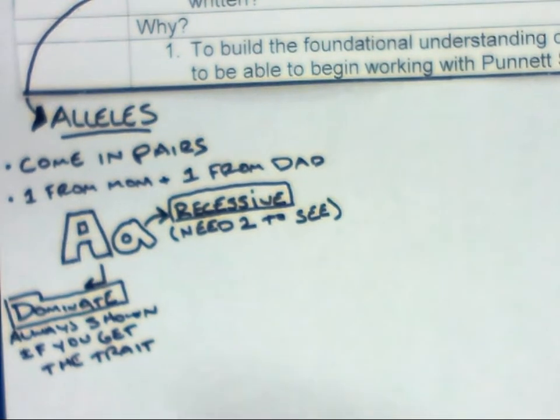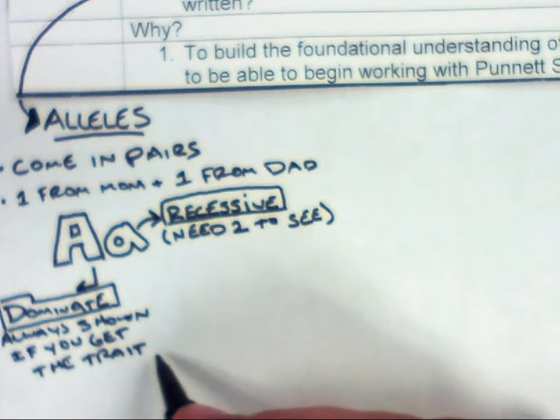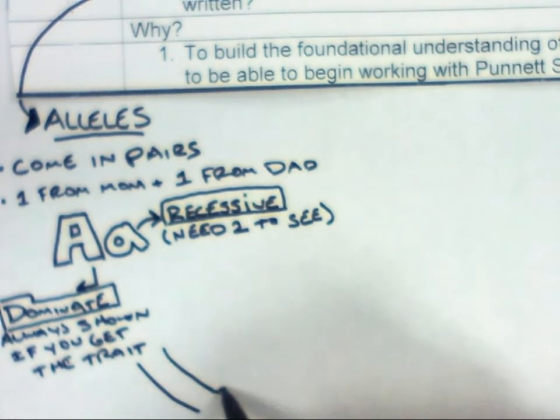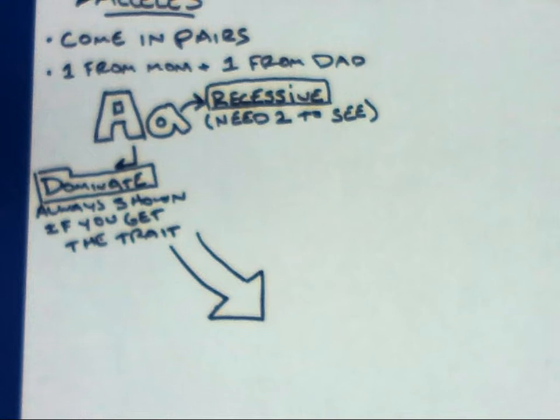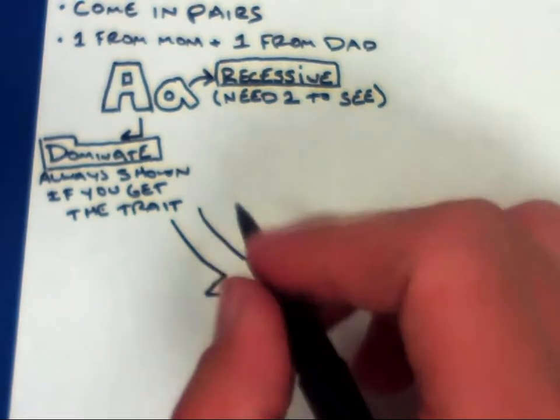So both of these together, both of these things are going to determine, so let's draw an arrow here. Oh, my fault. Sorry, you can't see that. So you got the arrow there.